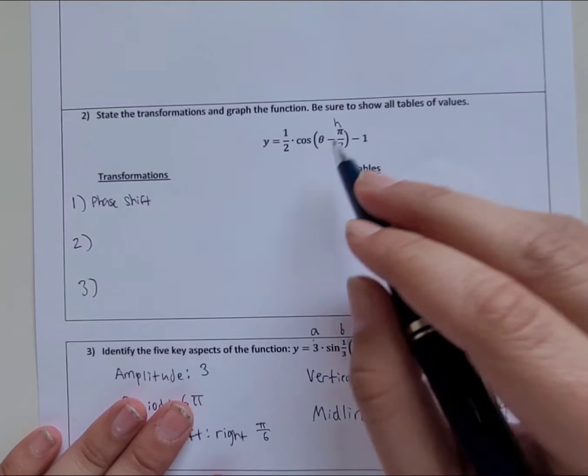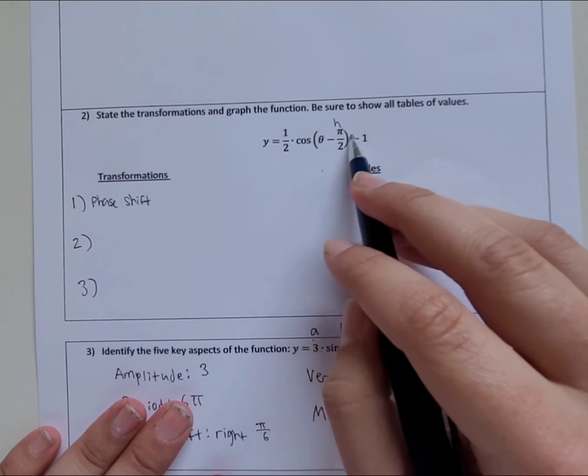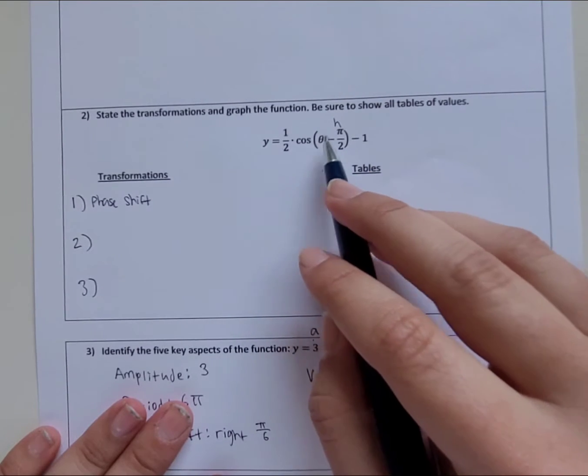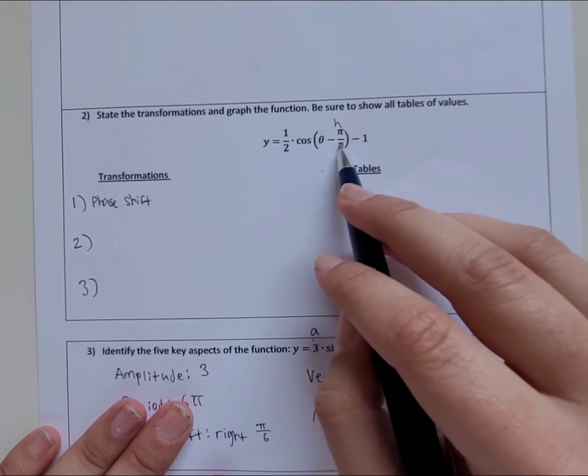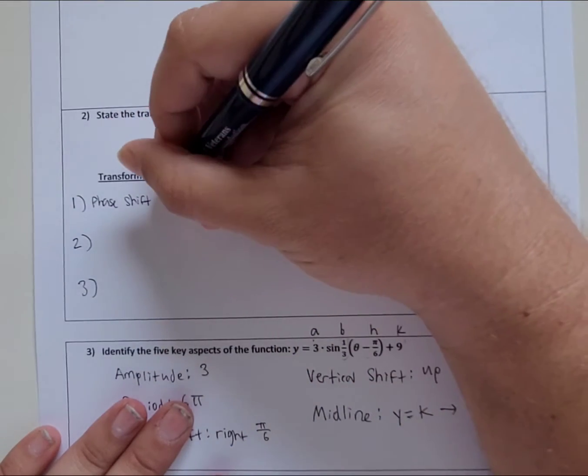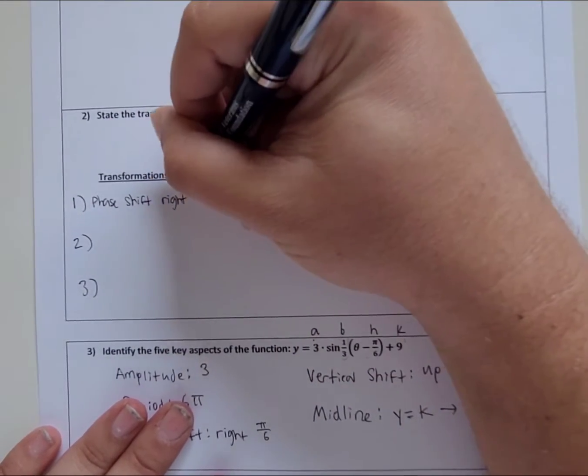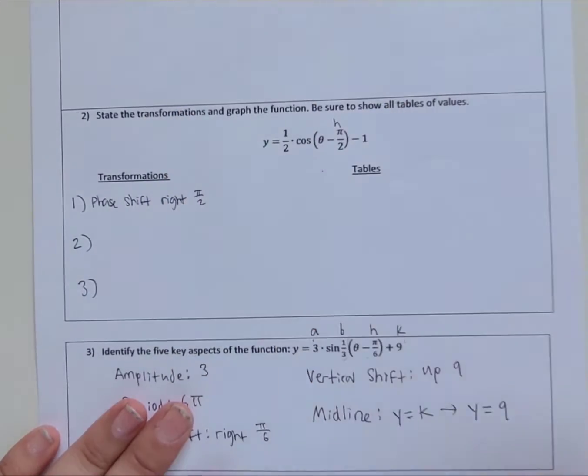Because it's subtraction, I'm going to set this expression equal to 0 and solve. When I do, I get theta equals positive pi over 2. So it's a phase shift right pi over 2 units.